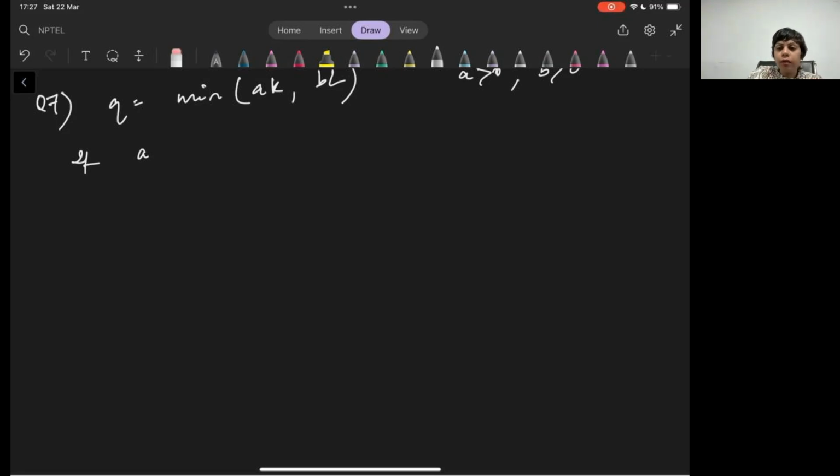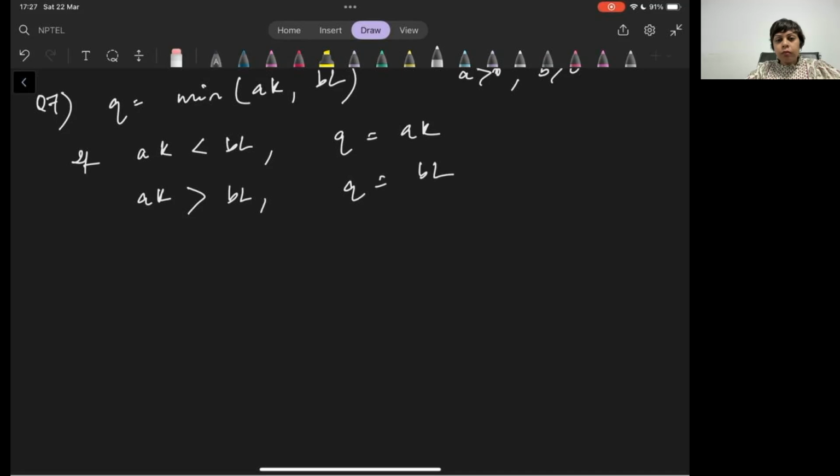Like instead of using a harvester, the farmer can actually use the laborer to do the same thing, to clear out the field, to harvest the crop, right? So he's going to use something like AK comma BL kind of a function. And in this case, we know that if AK is less than BL, Q is equal to AK. And opposite, if AK is greater than BL, Q is equal to BL.